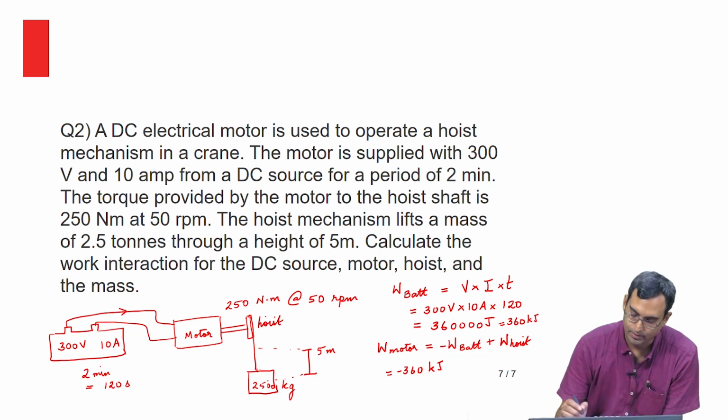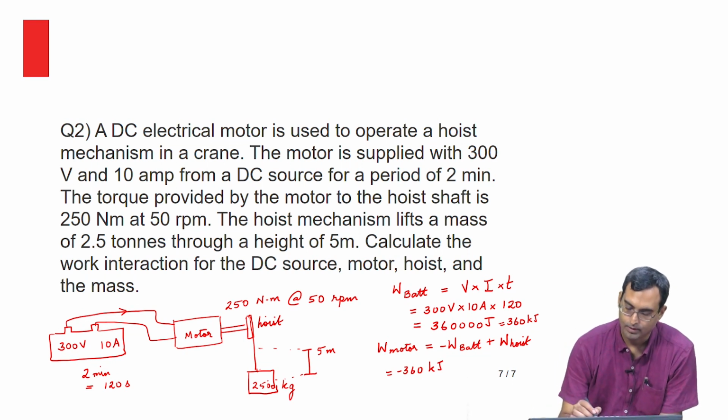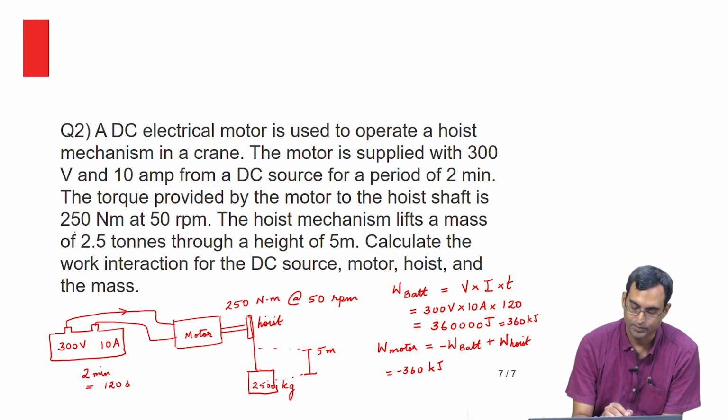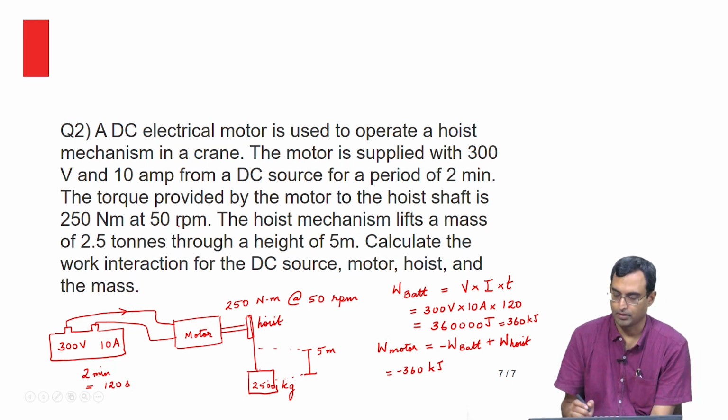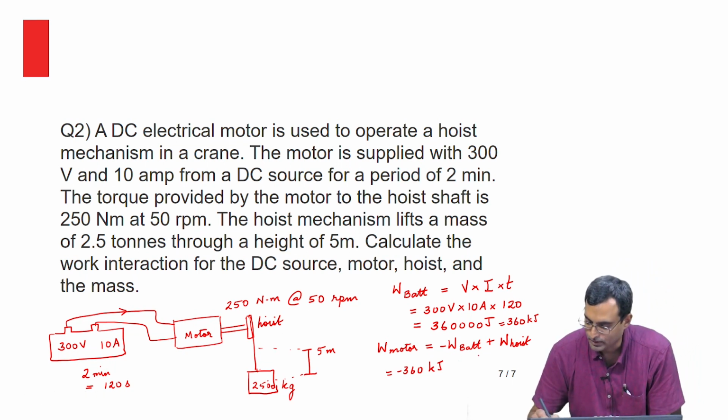And as far as the work interaction from the motor out, so the motor gives 250 Newton meter at 50 rpm to the hoist. So, the work done by the motor on the hoist would be given as T theta.